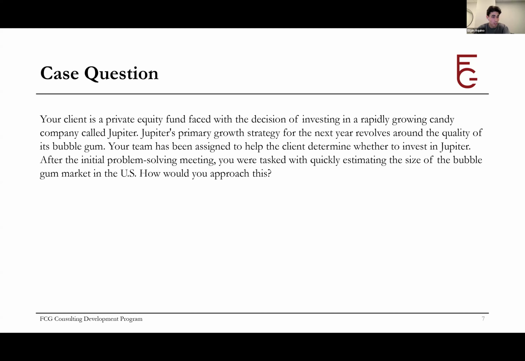The interviewer might say, we don't have data for that, but can you quickly estimate the size of the market? This could be a whole component of your interview and might take about 10 to 15 minutes out of a 30 to 45 minute interview. So this is a big chunk of your case interview, and something I really want you to be aware of.